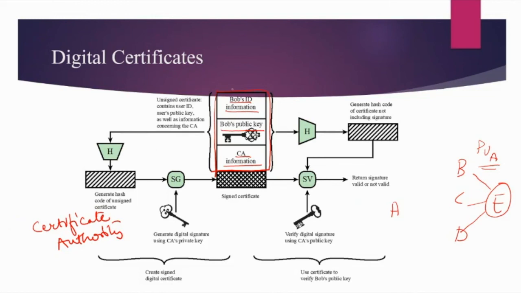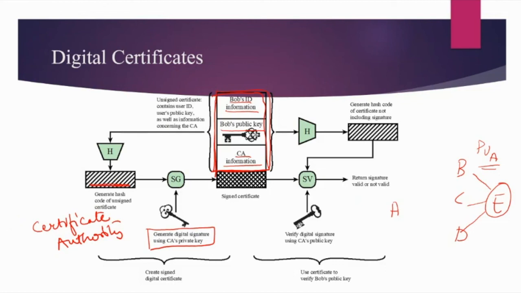They will generate a hash of these three pieces of information, and then that hash code will be encrypted using the private key of the certificate authority. This acts as a signature: you have hashed the message and signed it with the private key.